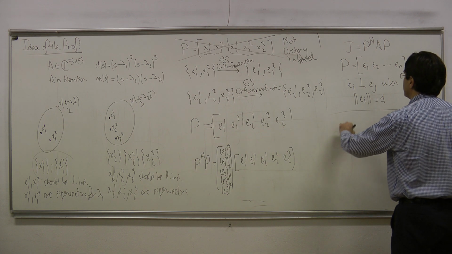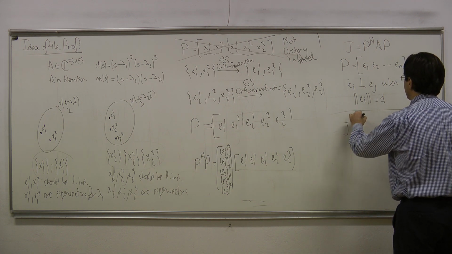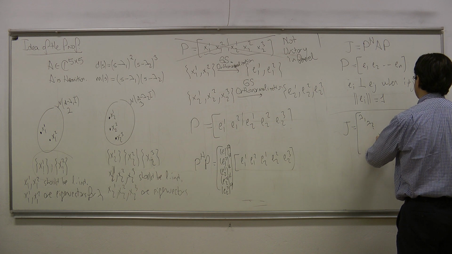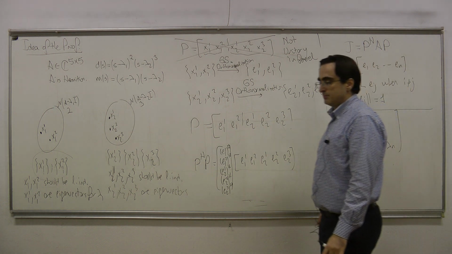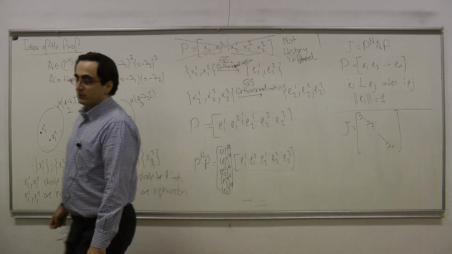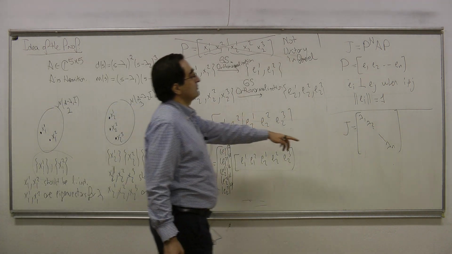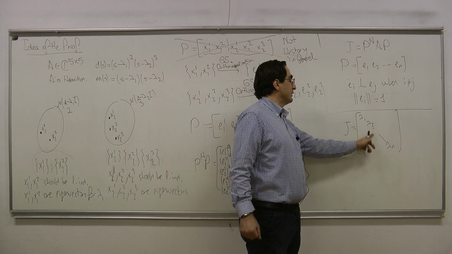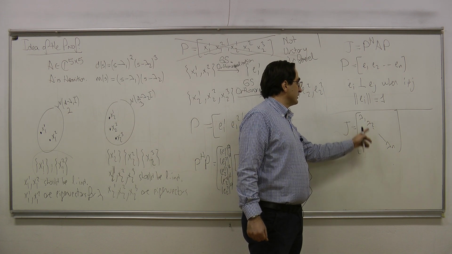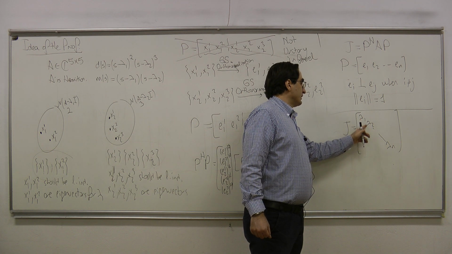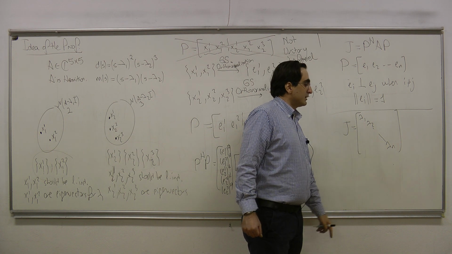Let me write the Jordan canonical form as follows: lambda 1, lambda 2, going until lambda n. Some of these lambdas might be the same, right? I have shown all eigenvalues with distinct names here, although some of the eigenvalues can be the same.